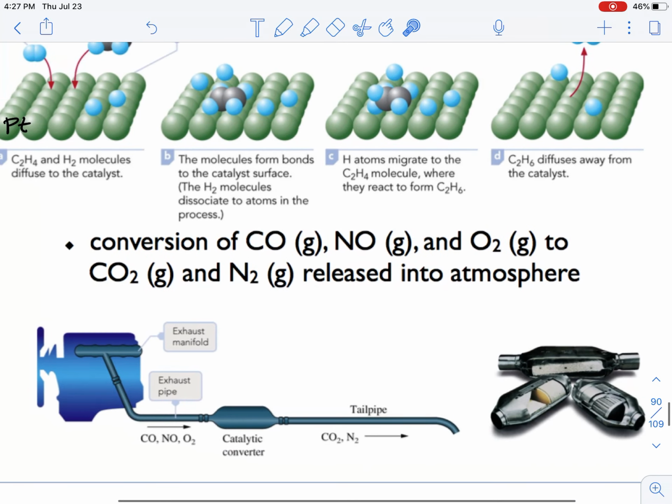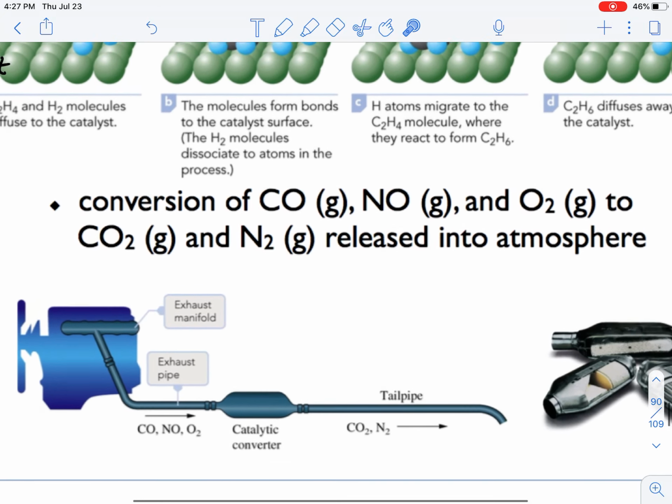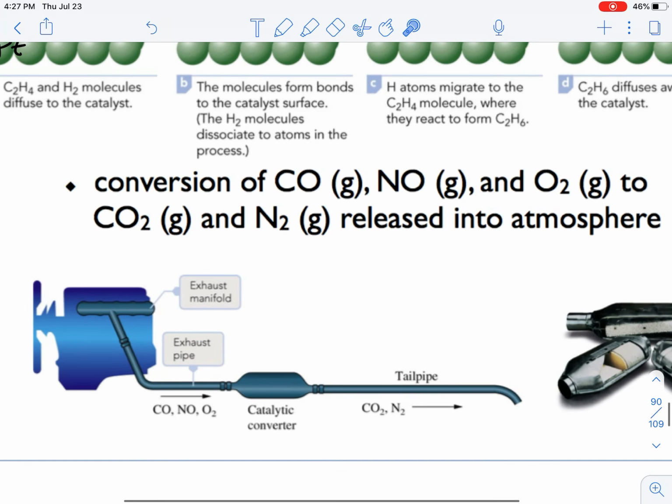And so you actually use heterogeneous catalysts on a daily basis, especially if you drive cars. When the gas inside an engine combusts, it will produce, for example, carbon monoxide, nitric oxide, and oxygen gas.